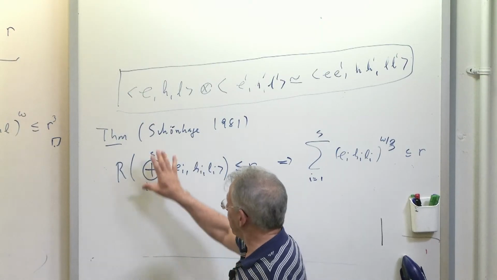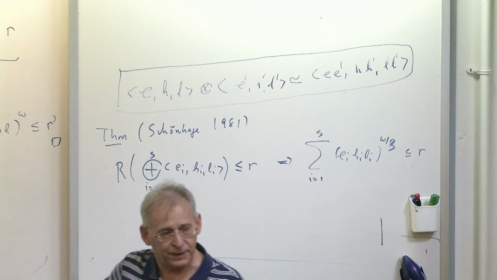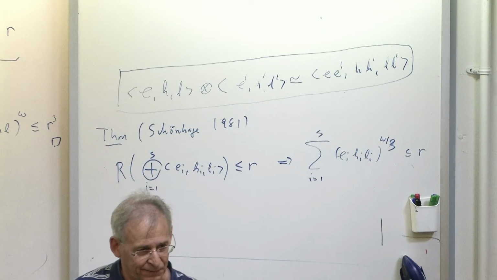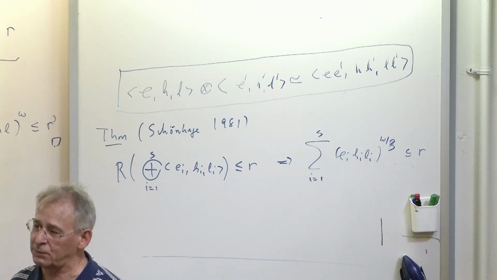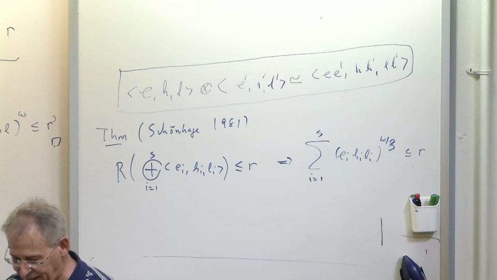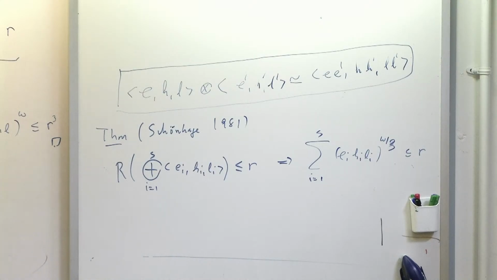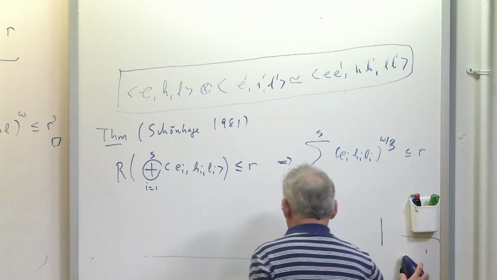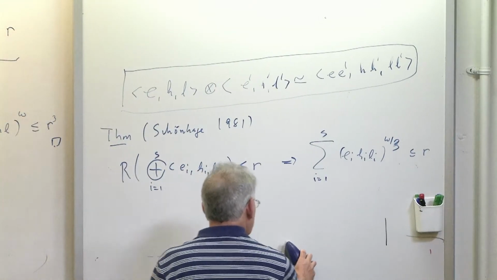But Schoenhage, when he proved the theorem, also did it for the border rank, and in the same paper he proved that the border rank is not additive. So the point is, how can we prove this when we don't know this additivity? Okay, and now I try to give the proof. Hopefully we eat up some of my time, but I think it's so important. It's worthwhile doing it.